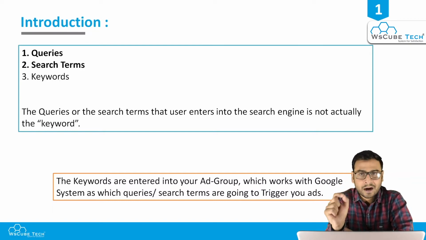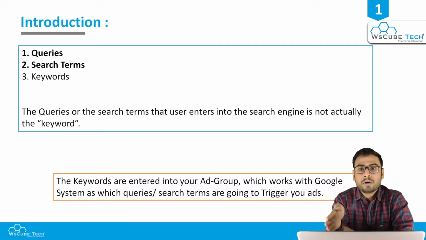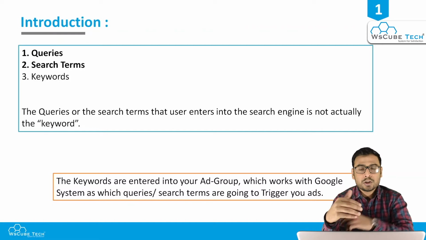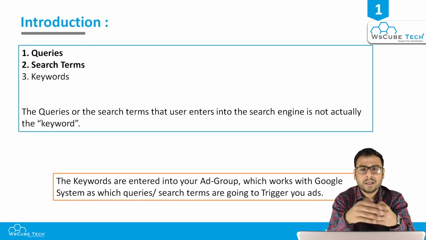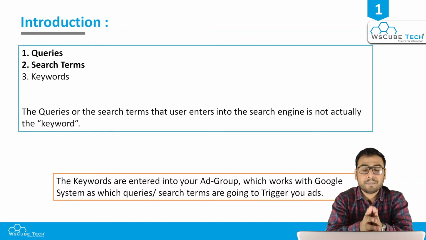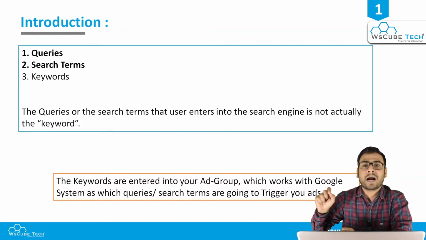So one thing that we have to keep in our mind is that queries and search terms are always on the searcher side, right? Whenever a searcher is typing something into Google search or any search engine, they are making queries. It's not that they are writing keywords over here, right? And when we have a list of our keywords and want to show our ads on these specific keywords, it does not mean that the user is going to type exactly the same keyword for our ad to trigger.